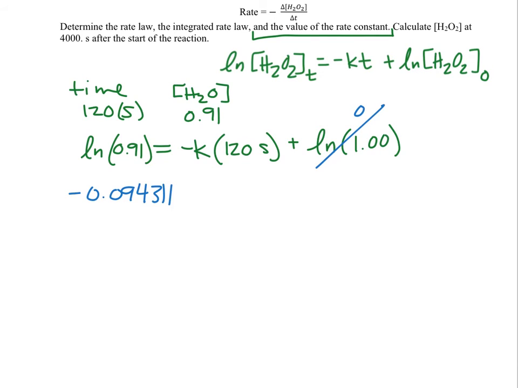Just keeping some extra digits until the end, and then I'll round. That equals negative k times 120. Divide that over, and we'll see that the rate constant for this case is about 7.9 times 10 to the negative 4 1/seconds.